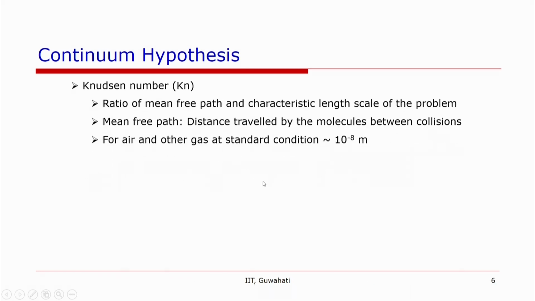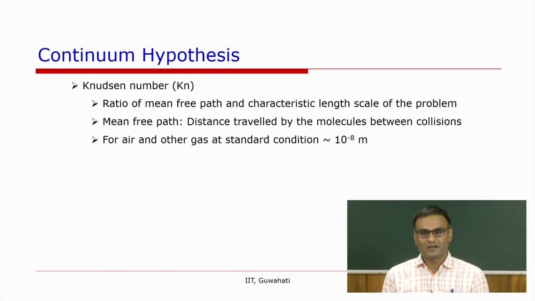Okay. So the continuum hypothesis is often described by a non-dimensional number which is known as Knudsen number, and this Knudsen number is the ratio of two length scales. One is the length scale for the molecular motion, which is the mean free path of the molecules, and another one is the characteristic length scale of the problem, or of the system or of the channel that we are looking at.